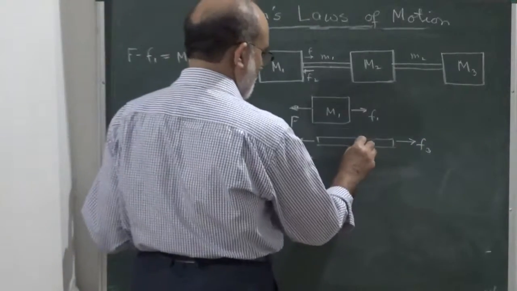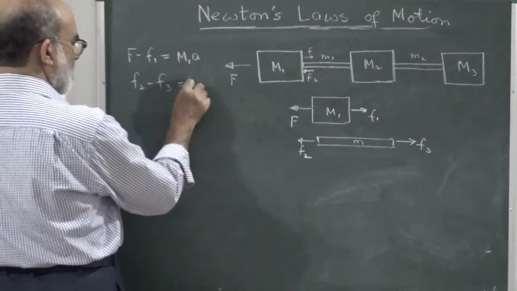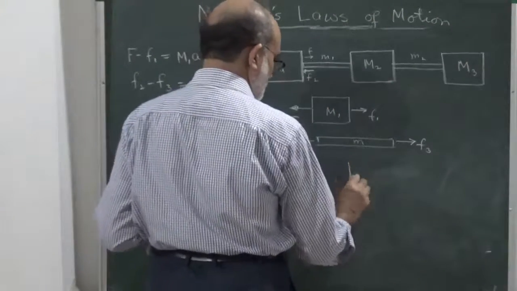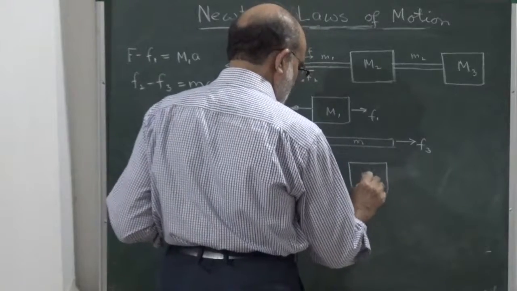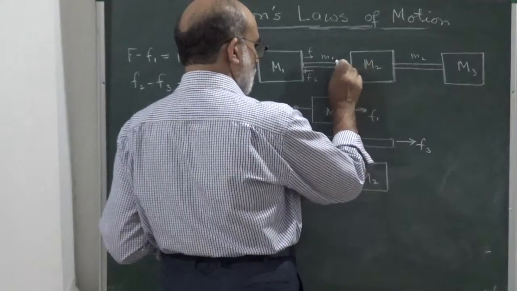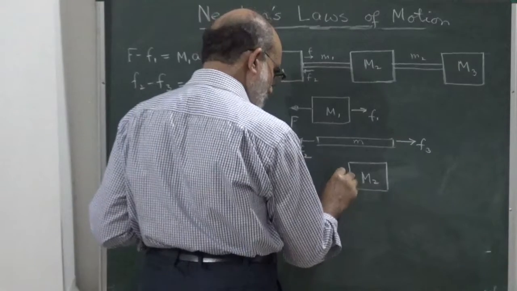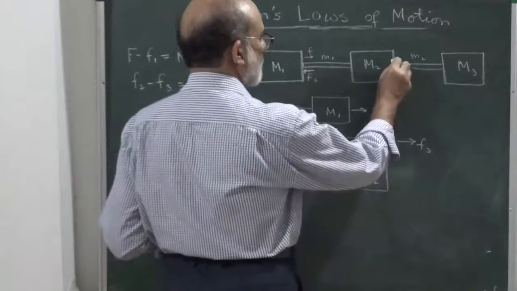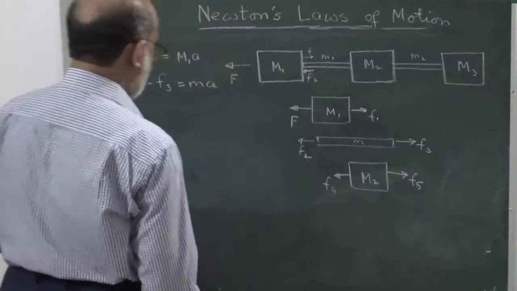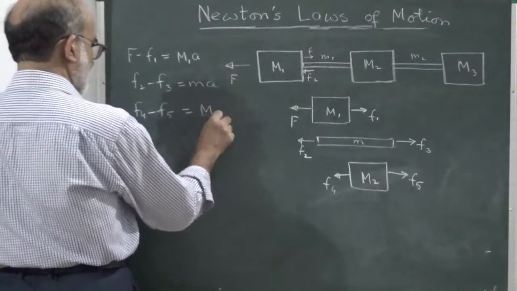So we can write F2 minus F3 is equal to m a. Now F3 is applied by M2 on the rope. The rope will also apply a certain force on M2, that is called say F4, and here is say F5. So it will be F4 minus F5 is equal to M2 a.